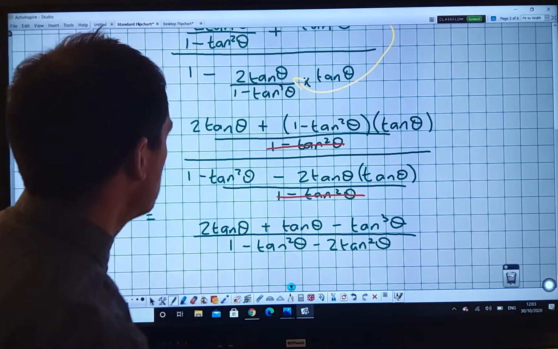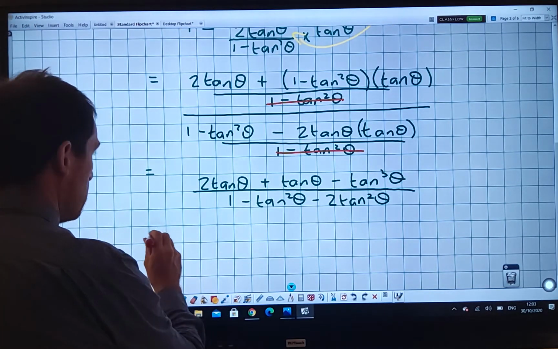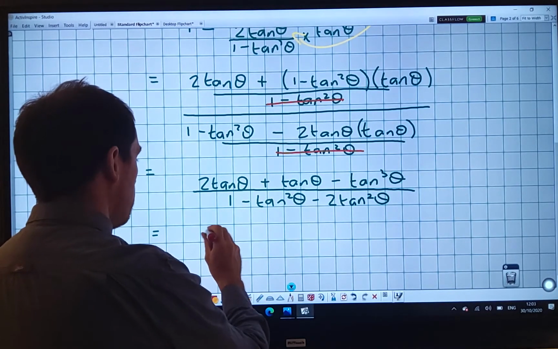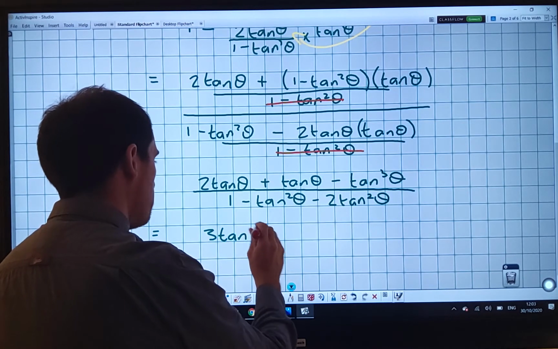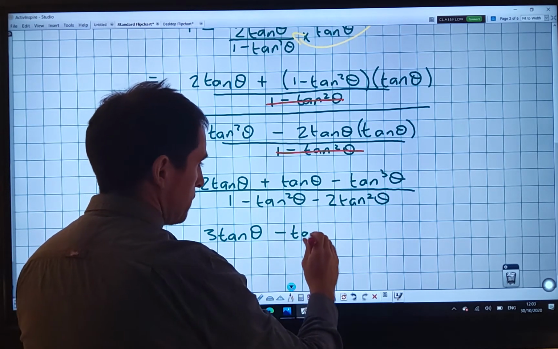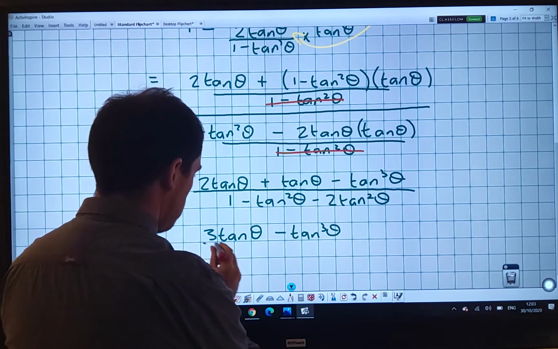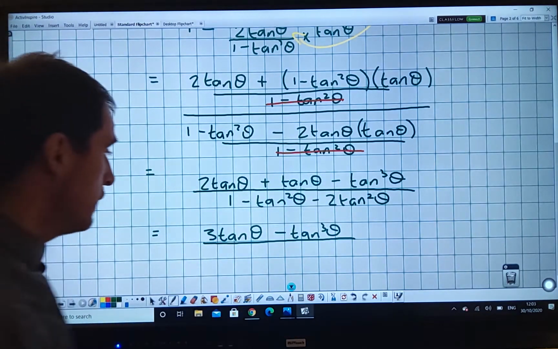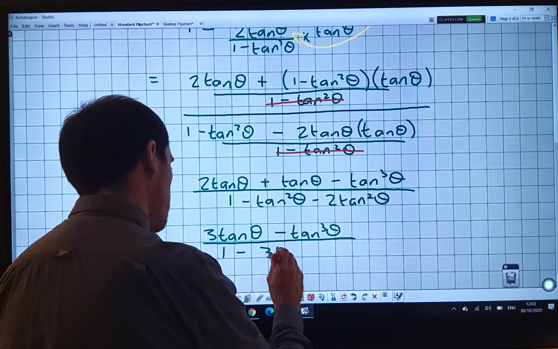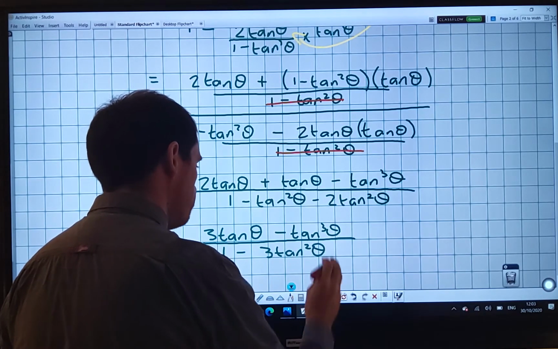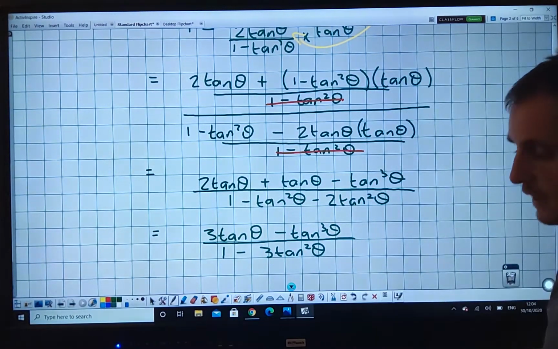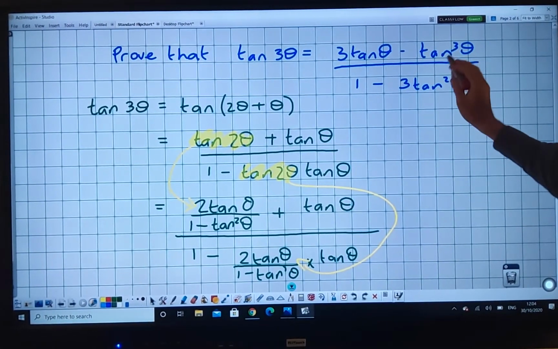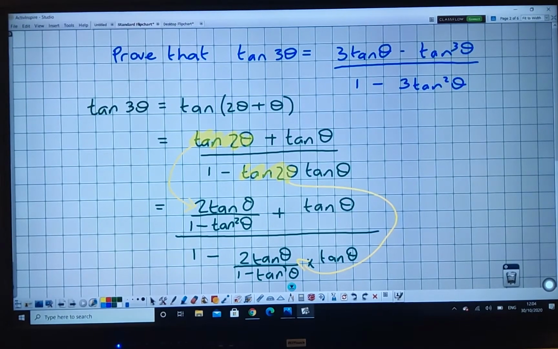Okay, and just to finish that off then, that can be written as, so 2 tan theta plus tan theta is 3 tan theta, minus tan cubed theta. And you've got 1 minus tan squared theta minus 2 tan squared theta, which is 1 minus 3 tan squared theta. So the result is 3 tan theta minus tan cubed theta, over 1 minus 3 tan squared theta.